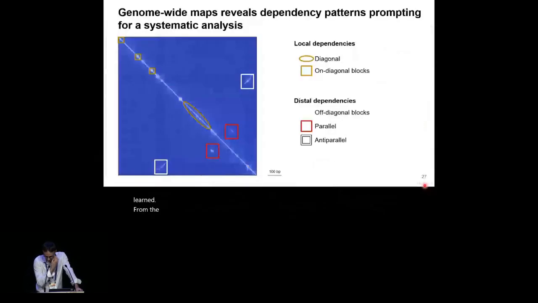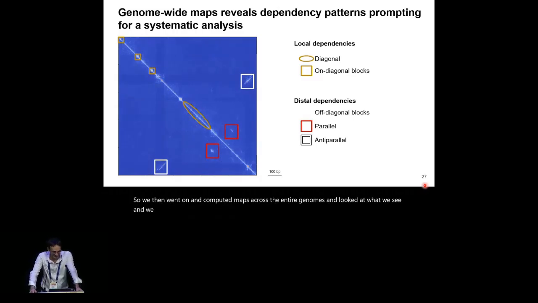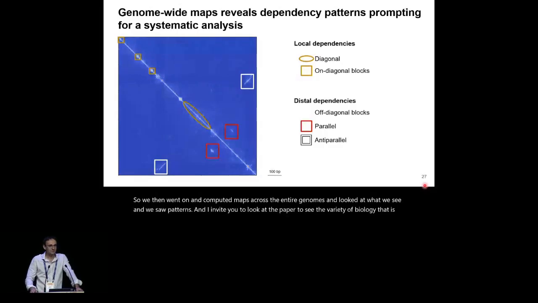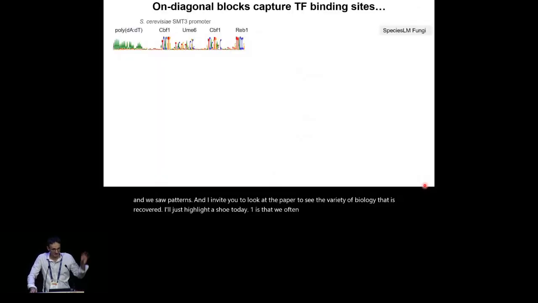So we then went on and computed maps across the entire genomes and looked at what we see. And we saw patterns. I invite you to look at the paper to see the variety of biology that is recovered. I'll just highlight a few today. One is that we often find blocks on the diagonal of those dependency maps.